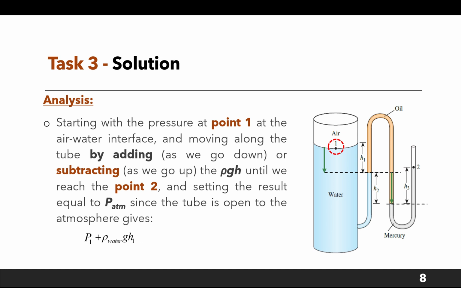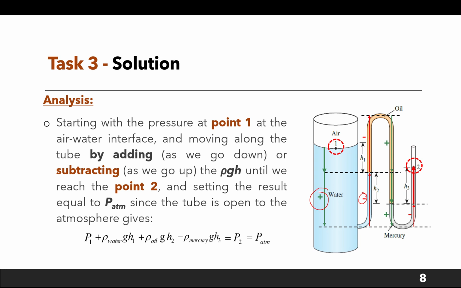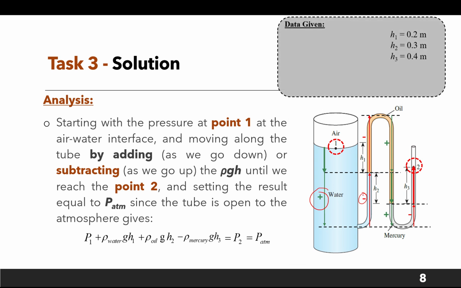So we ignore the other stuff there, plus this, then minus the mercury, and then we equate it to P2, which is the same thing as the P atmospheric. Now I'm showing that this section here will cancel this, and likewise, that will also cancel this. In a similar way, we have that. So that's why we ignore them.